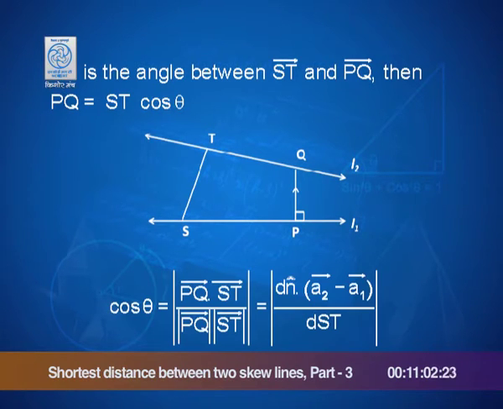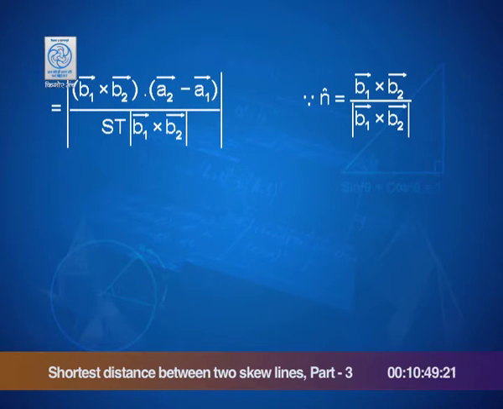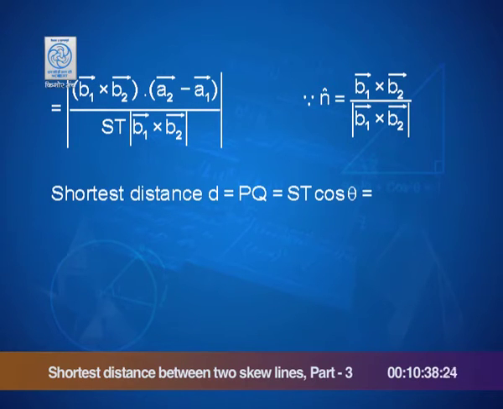Cos theta using the dot product comes out to be the same as d n cap dot A2 minus A1 upon d times the distance ST. We know that n cap is B1 cross B2 by magnitude B1 cross B2. So, if I replace that here, I know how much is cos theta. Therefore, the shortest distance which was given the symbol d is PQ, defined as the projection ST cos theta.